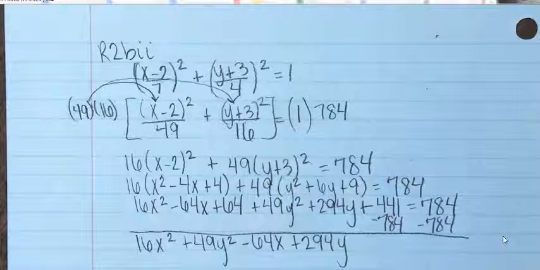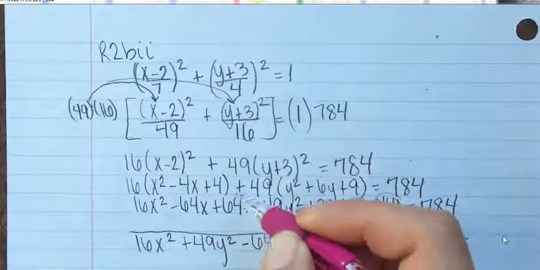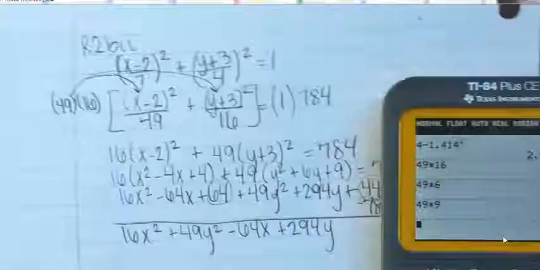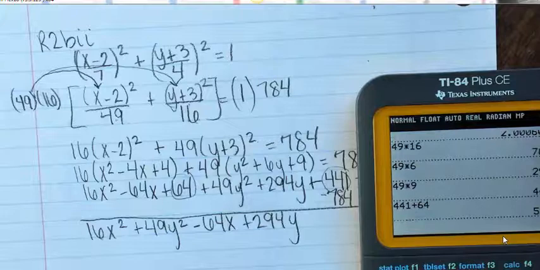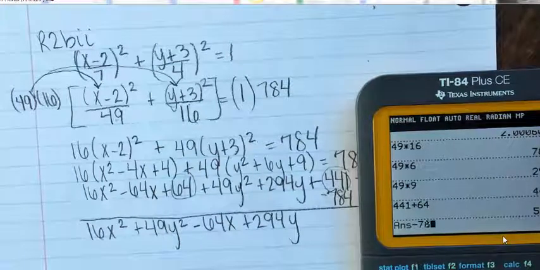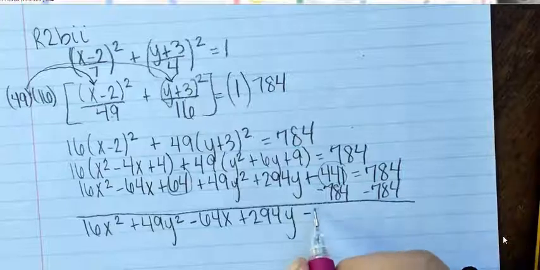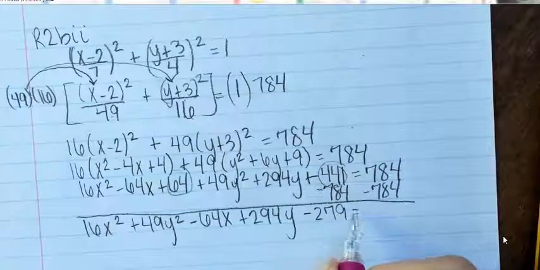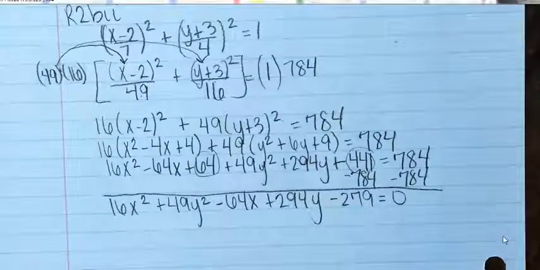And then I'm going to combine all my constants. So I have this 441 and 64. And from that, I'm going to subtract 784. So negative 279, it looks like. That should be in polynomial standard form.